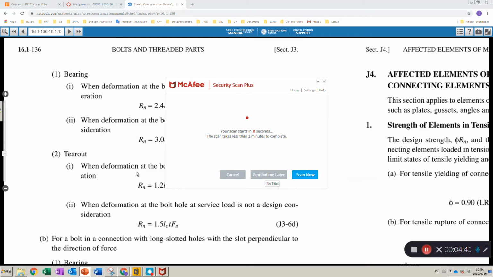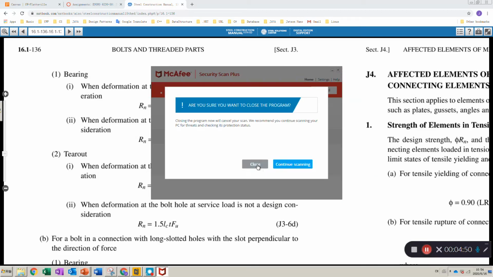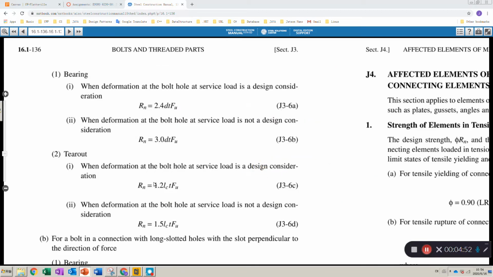Then for tail-out, where service load is the design consideration, Rn, the tail-out capacity, is equal to 1.2 times Lc times t times Fu.